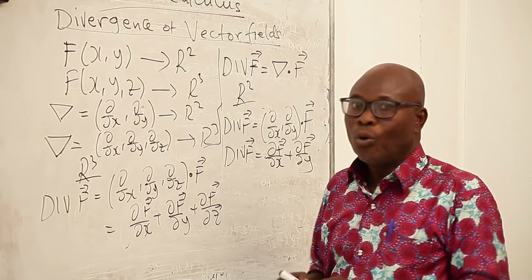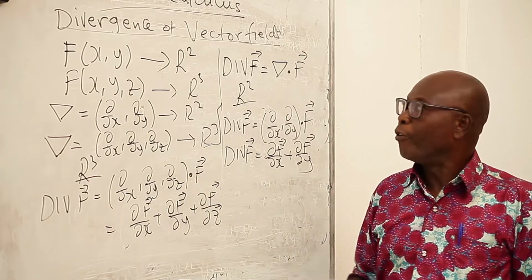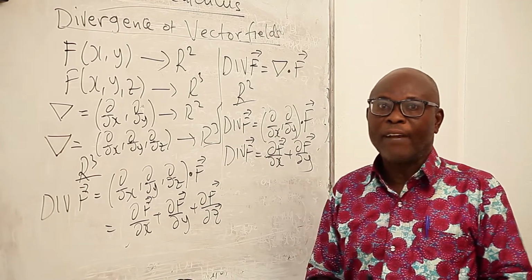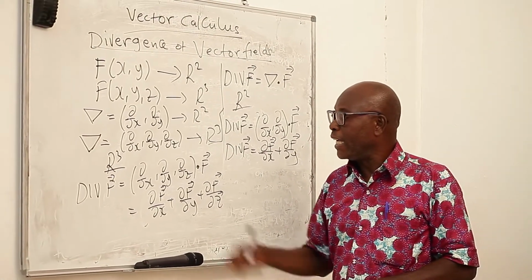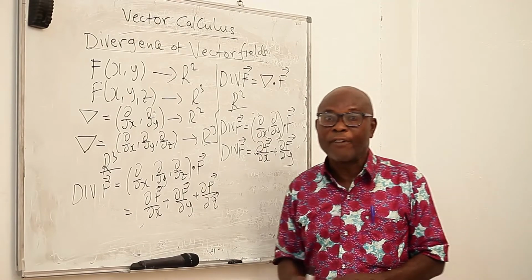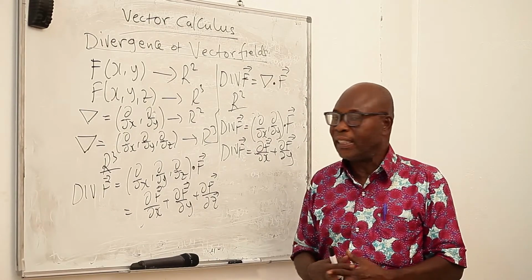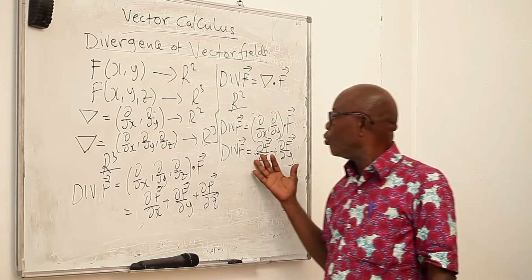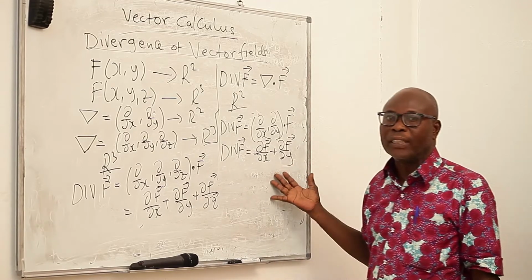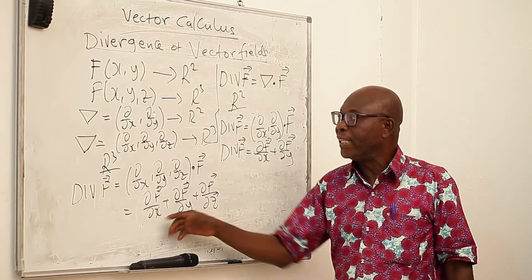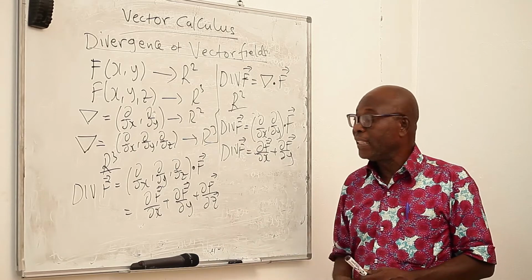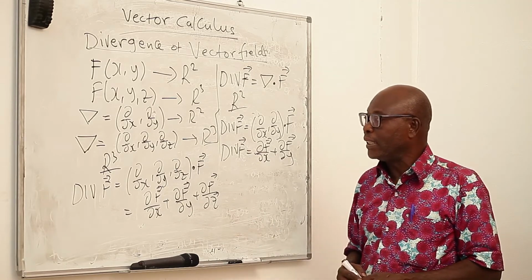And so we can see from the definition of divergence that the divergence of any vector field is a scalar quantity, for two dimensions and for three dimensions.